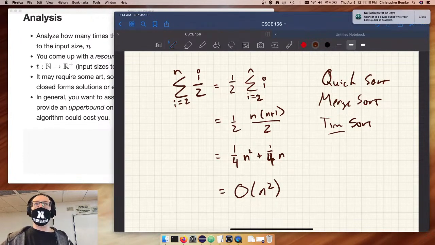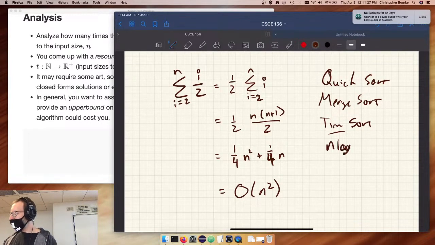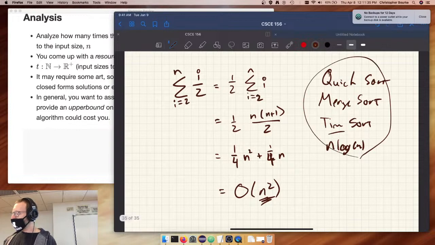It was developed in Python, and it's now the default sorting algorithm in Java. Right? These are all n log n sorting algorithms. Much better than n squared here. Right? We'll cover these next time, but even better in practice.